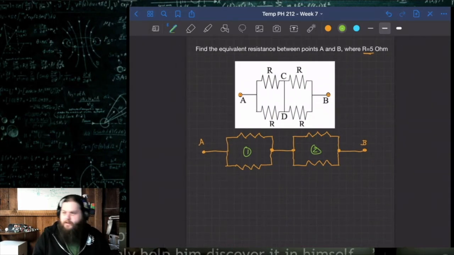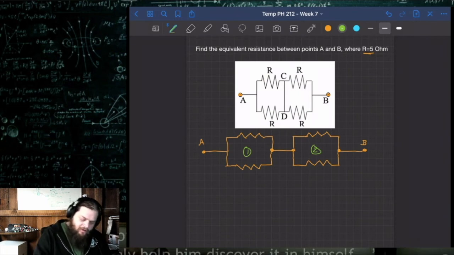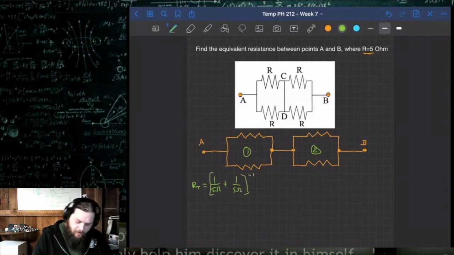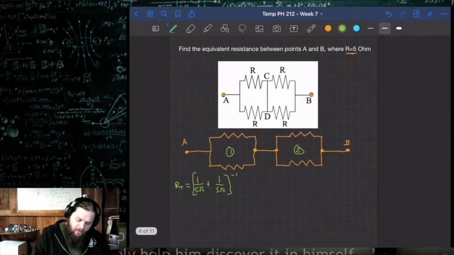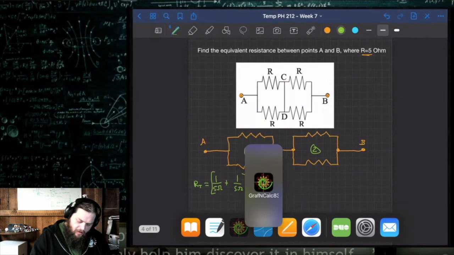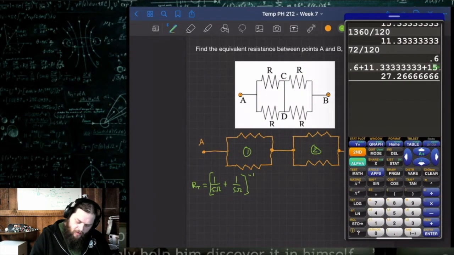So what I could do is find the total resistance of group 1, because since they're parallel circuits, I can say our total is equal to 1 over 5 ohms plus 1 over 5 ohms, taking that whole thing to the negative 1 power. Plugging that into our calculator, I can say 1 divided by 5.